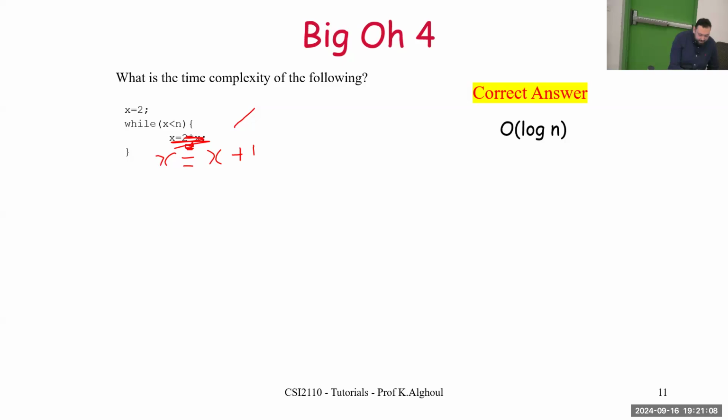N. If I have x equal x plus 100, it's still linear. You think, oh, it's x plus 100, but it's still going up on the linear curve. So this is still O of n. The only time it's not going to be linear is when we have a multiplication or a division. So we're good. Now we may see another example.